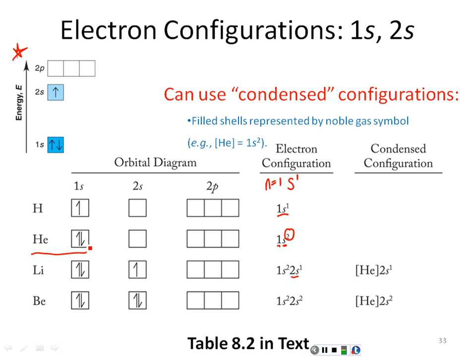So the condensed configuration for lithium, instead of 1s2, 2s1, we can write helium in brackets followed by 2s1. And beryllium, similarly, will be helium 2s2.